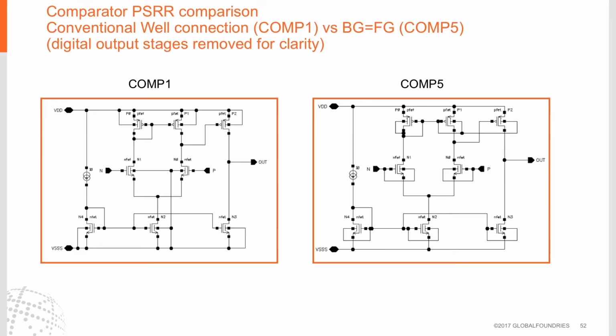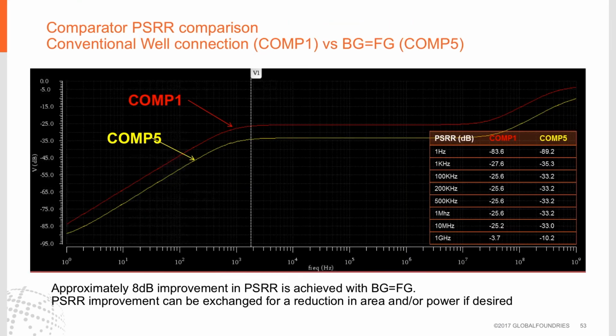The exception is device P2, where its backgate connects to the gates of P1 and P0. The intent here is to connect the backgates to something other than the supplies and decouple the backgates from any noise from the supplies. What we see is that when we use this modified backgate connection, we gain an 8 dB improvement in power supply rejection ratio.